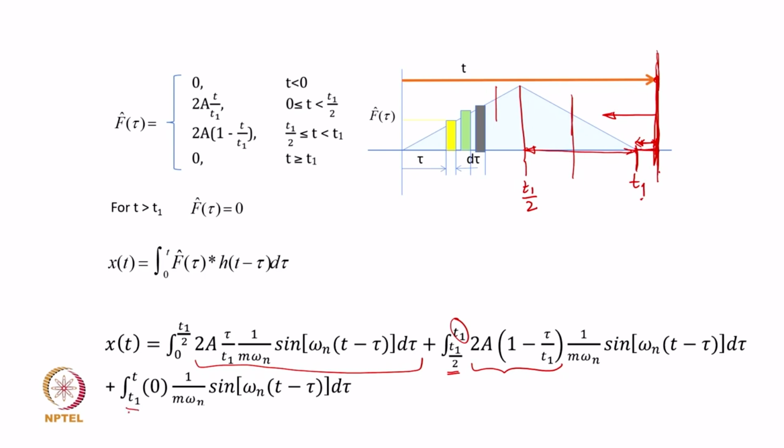So, even if the integration goes from T1 to T, the force or the impulse itself does not exist, so it is 0. The third quantity is actually not there at all. If you want to know the response at any instant of time t, all the excitation before t will contribute to the total response.